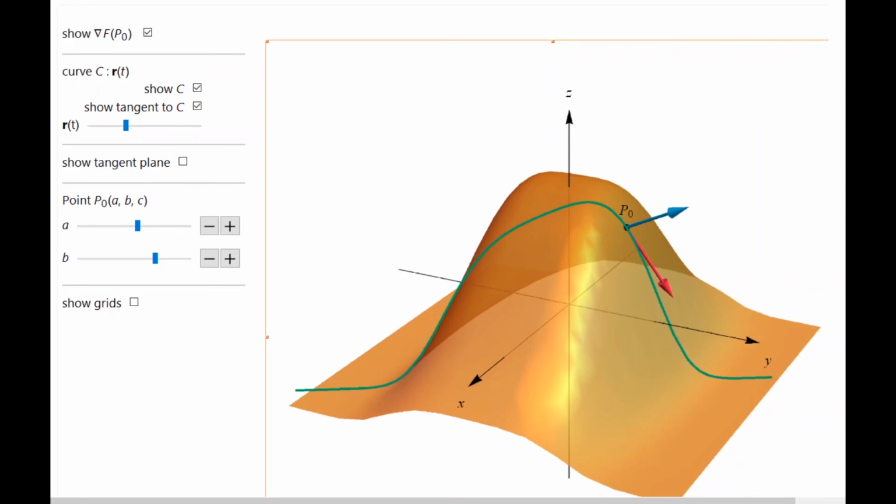This fact about the gradient pointing orthogonal to the level surface will be used to derive an equation of a tangent plane. So it is important to at least conceptually understand what's going on there.